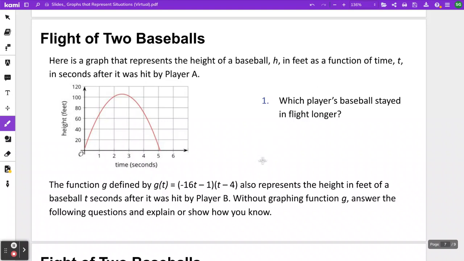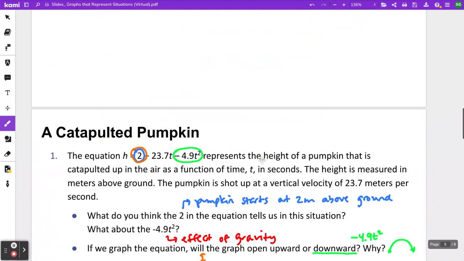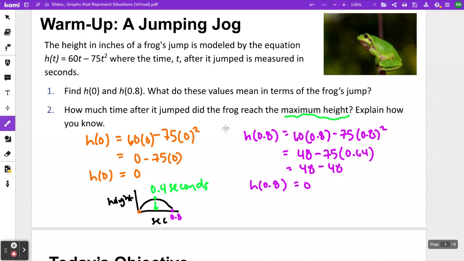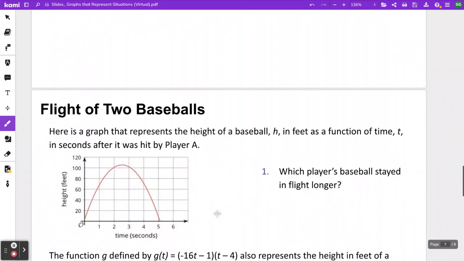Well, if we want to know how long the baseball has stayed in flight, I'm going to think about some of the other situations we've looked at. For our frog, for example, if I asked you how long the frog was in the air, those x-intercepts are what tell me that. It was in the air from 0 seconds to 0.8 seconds. It's going to be the same thing here.